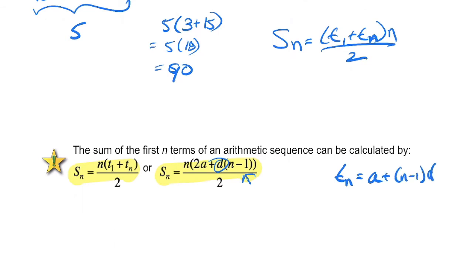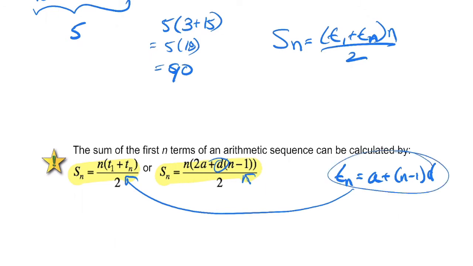That's, in general, where the term is, and that's exactly what we're doing in our original formula. I actually like remembering the first one because it's easier to do: first term plus the last term multiplied by n and divided by 2. And all we're doing here is using this formula to calculate what the last term is.